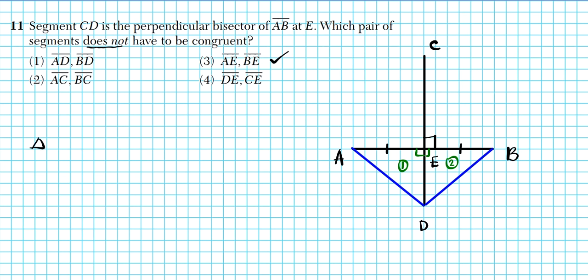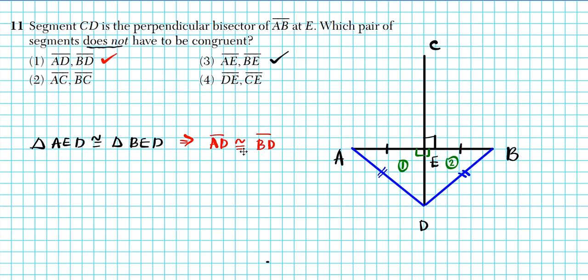So since congruent parts of congruent triangles are congruent, it automatically follows that AD is congruent to BD. So statement number 1 is correct. So this implies that AD is congruent to BD.